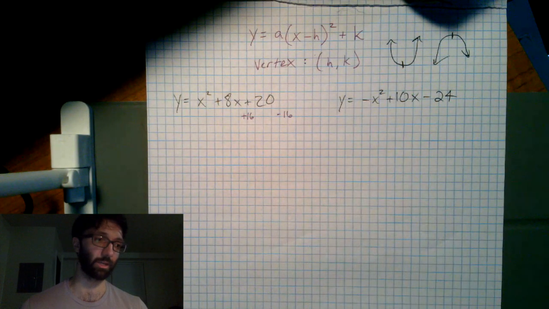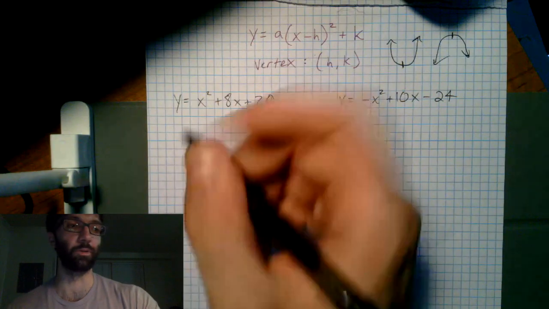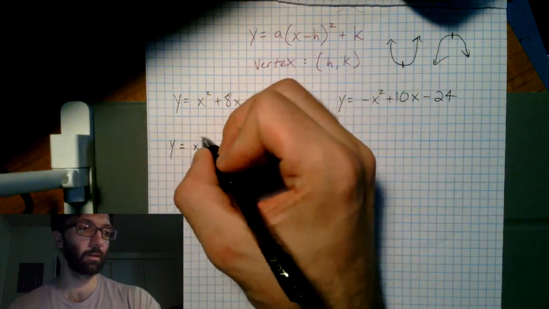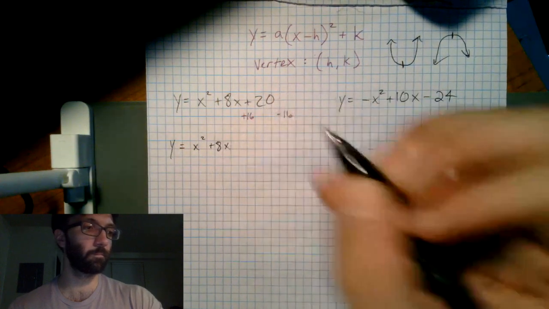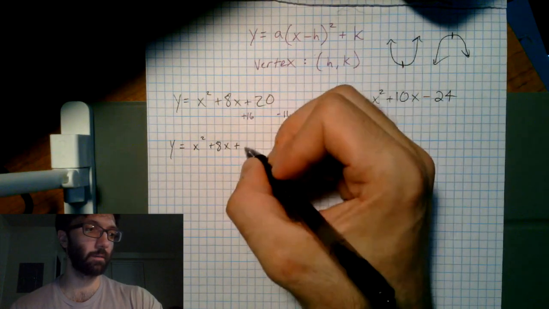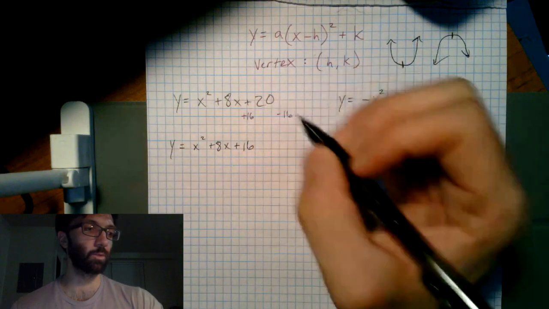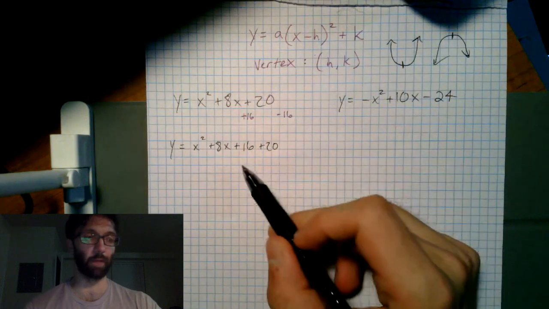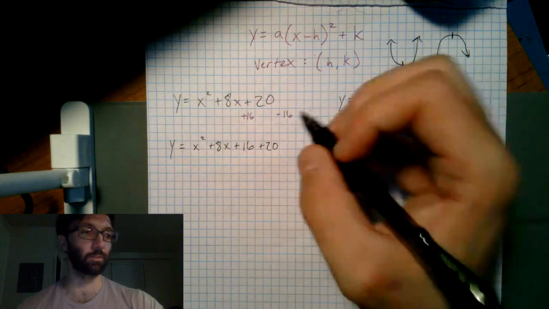So it seems like I haven't really done anything, but you'll see that strategically I have done something. So I have my plus 16, and then my plus 20, and then I'm paying the price, right? I wanted positive 16, so now I have to subtract 16 here.